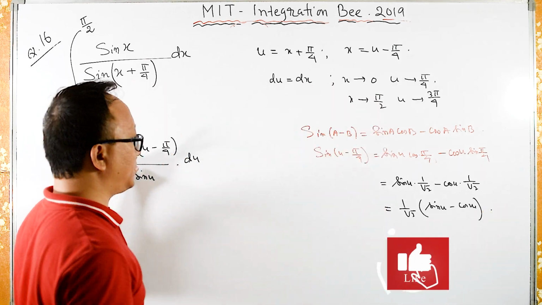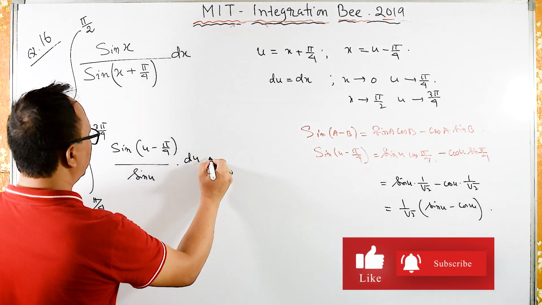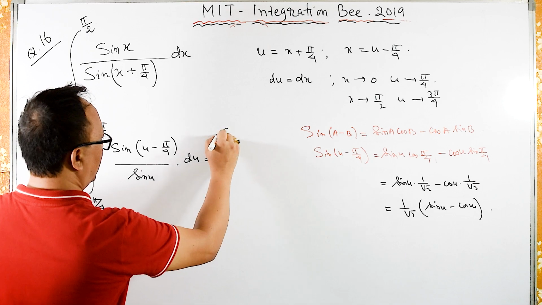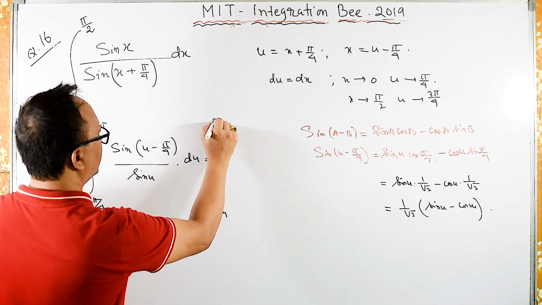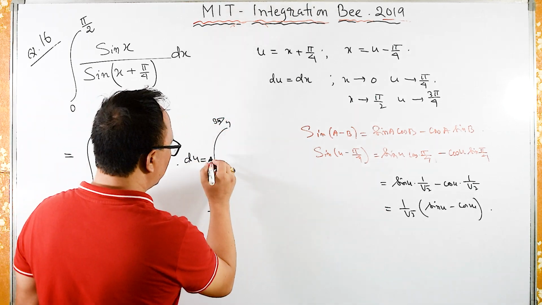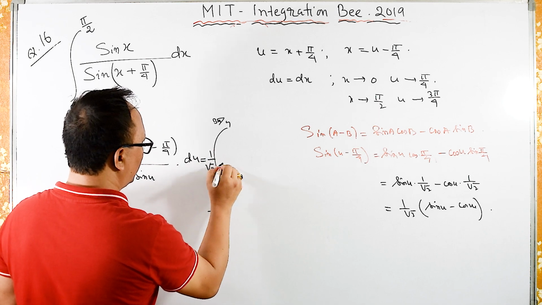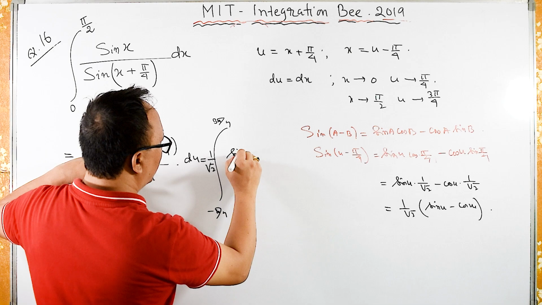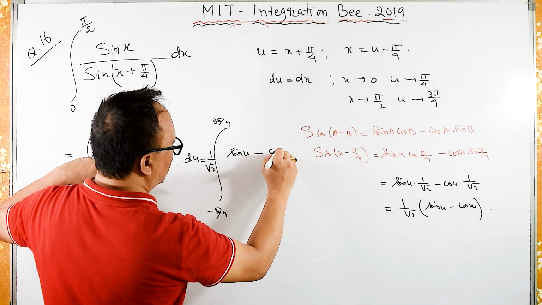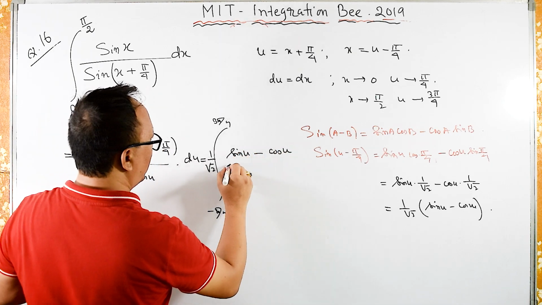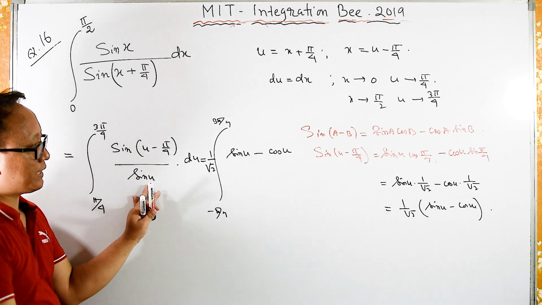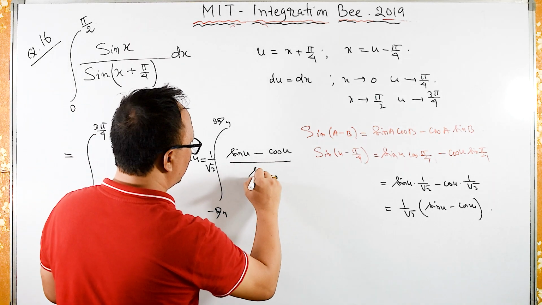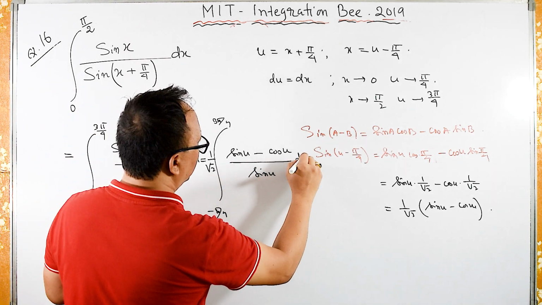So instead of this, I can write it like this: the integral from pi by 4 to 3 pi by 4. 1 by root 2 is a constant, so I will send it outside. This is the same as sine of u minus cos of u upon sine u, into du.